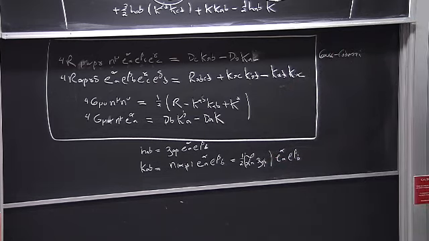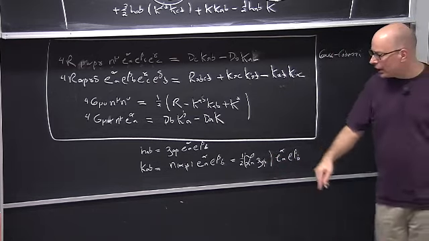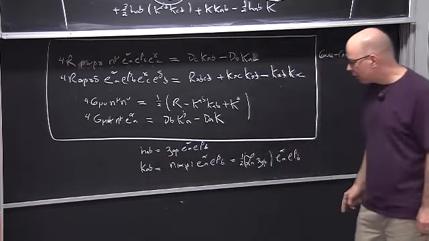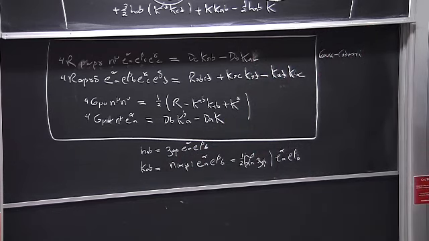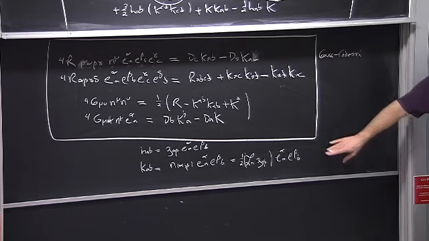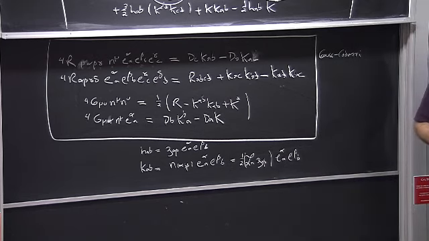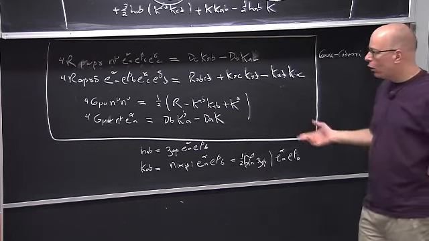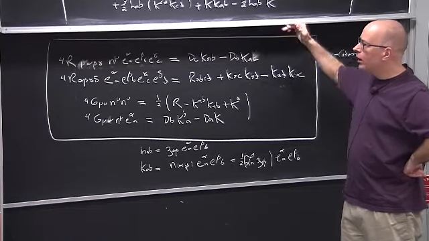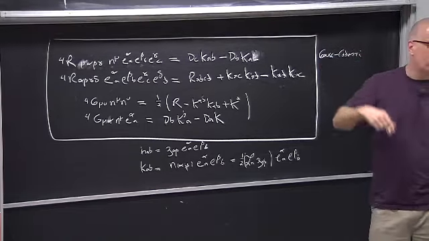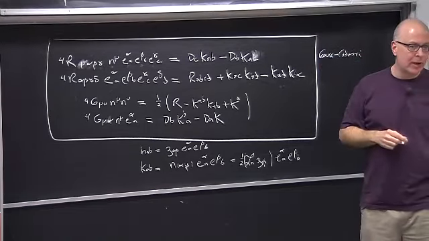Written in this form, it's pretty clear that the extrinsic curvature is the normal derivative of the metric projected down to the hypersurface. So it's the normal derivative in the sense of being a Lie derivative. You can think of it this way, or you can remember that in Gaussian coordinates, K_AB really stood for the time derivative of the metric.